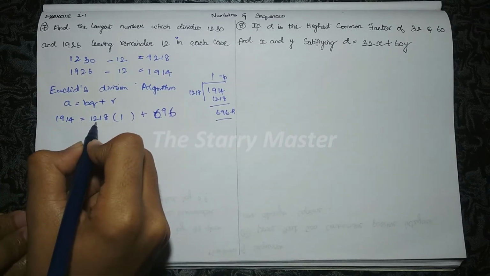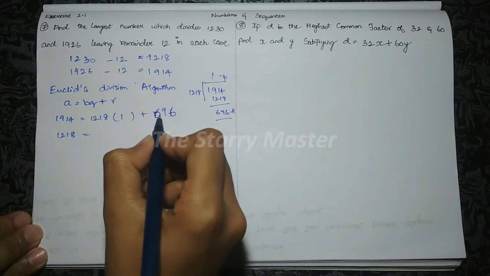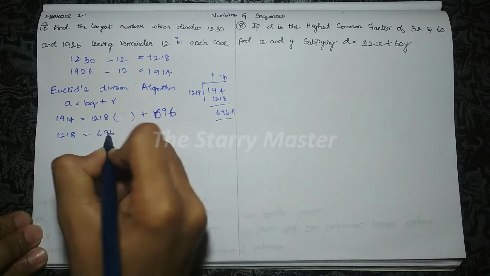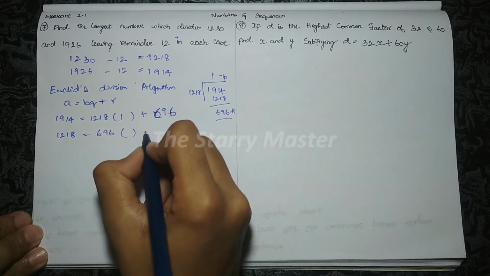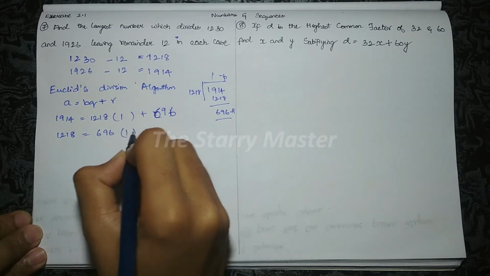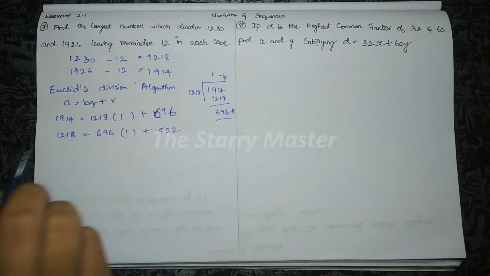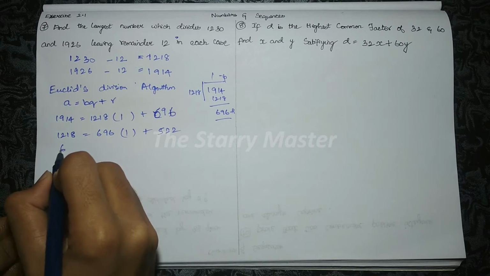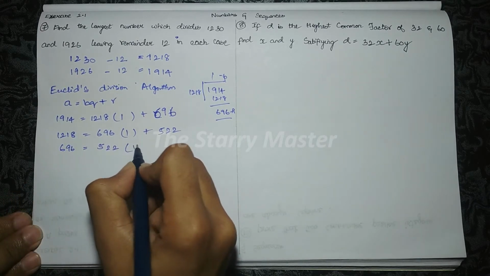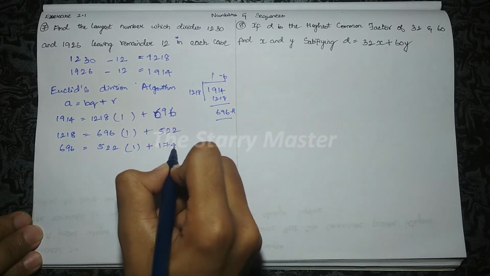Then we take 1218 on this side as the dividend and the remainder 696 as the divisor, and we have to find the quotient and remainder. 696 ones are 696, plus 522, we will get this value. Then we take 696 and 522 and find the quotient. 522 ones are, the remainder here is 174.